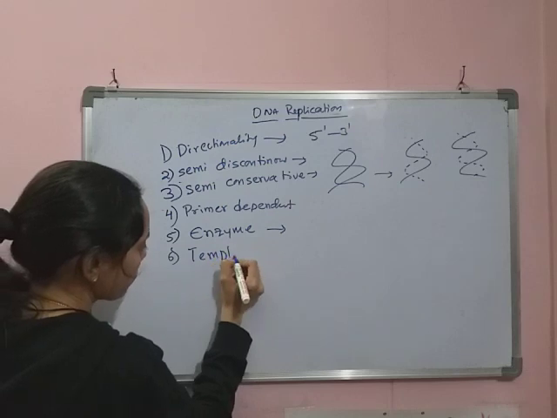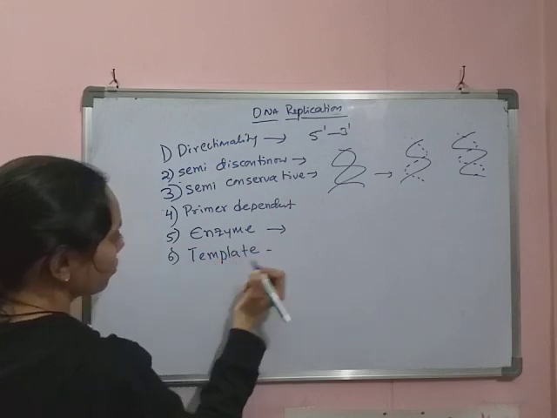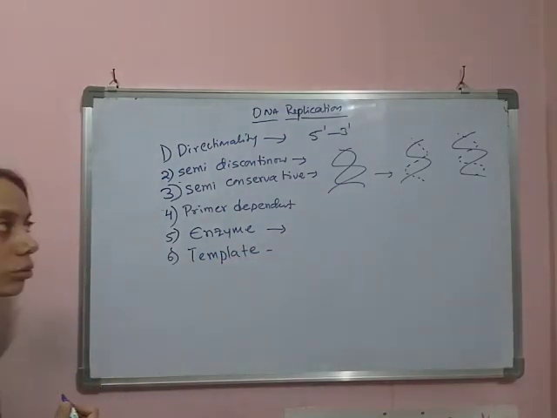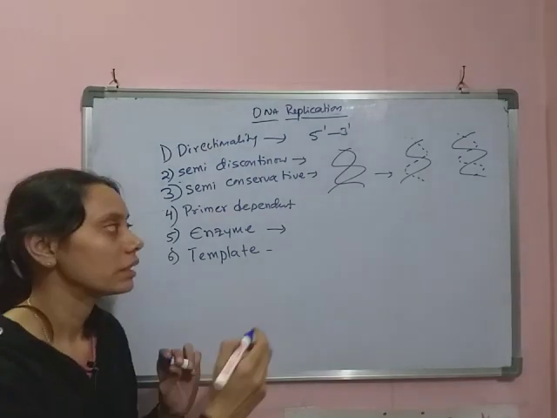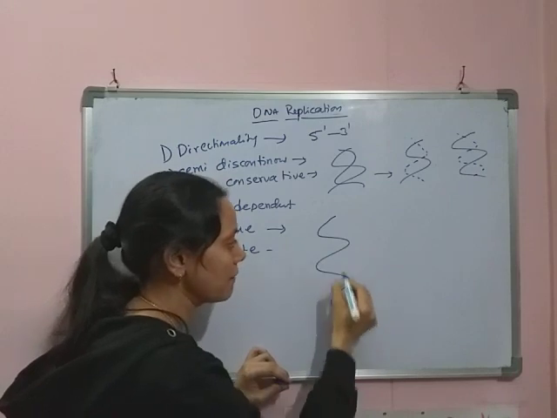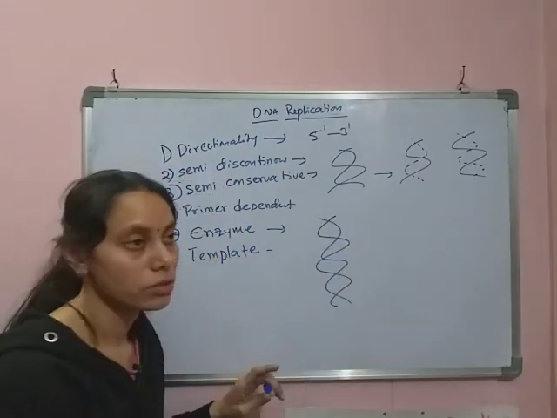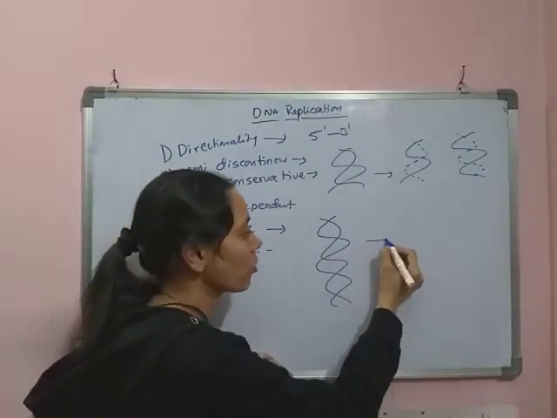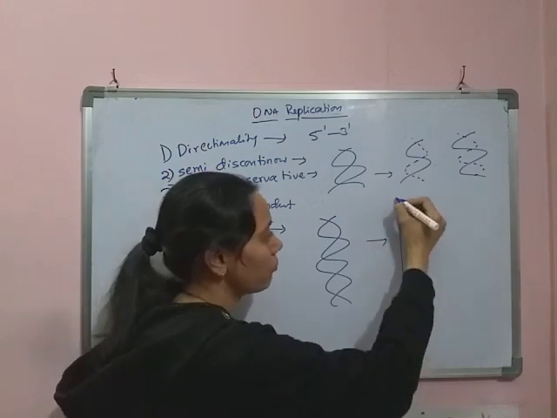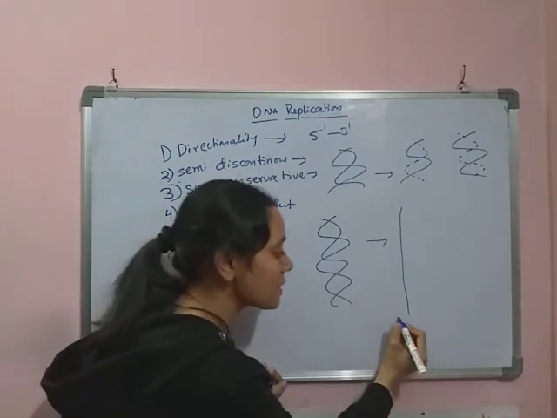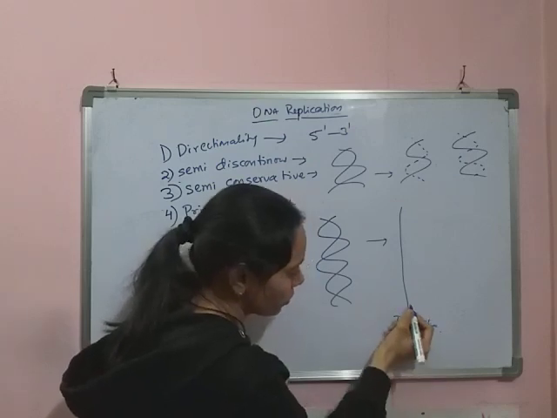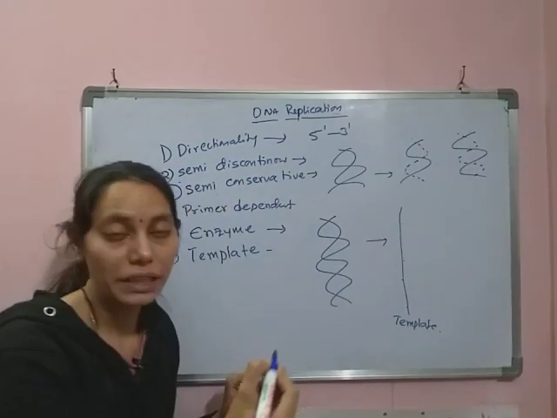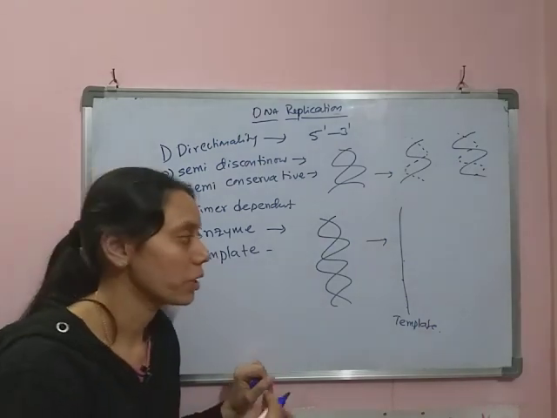It is basically a template dependent process. So the DNA replication will be carried using parental DNA as a template. There will be a parental DNA which acts as template. So based on the sequence present on the parental DNA, the nucleotides are being copied.